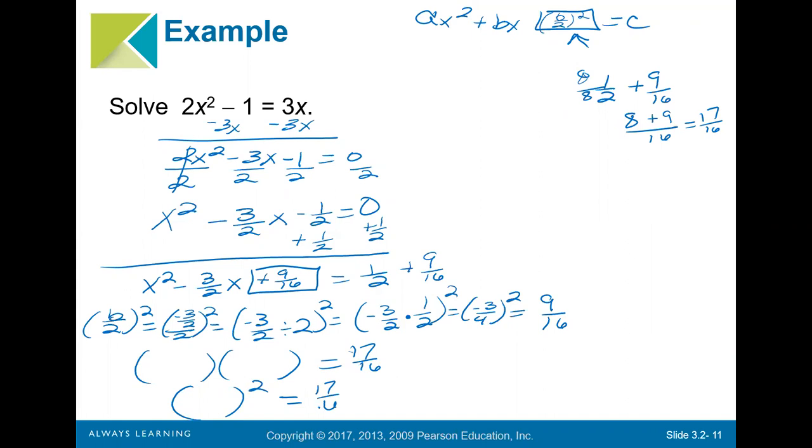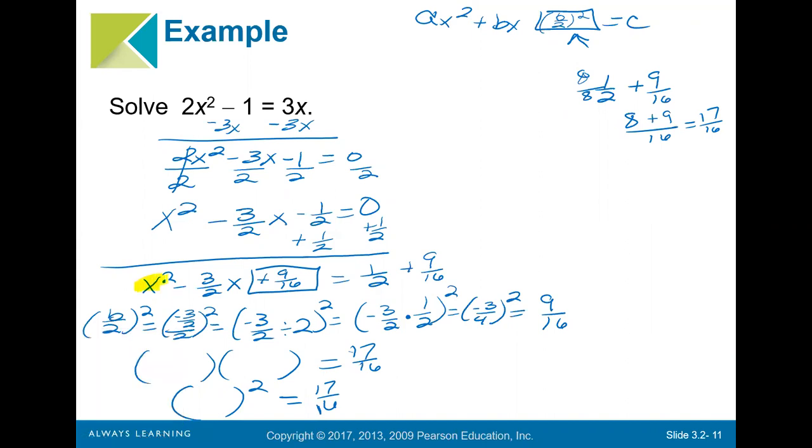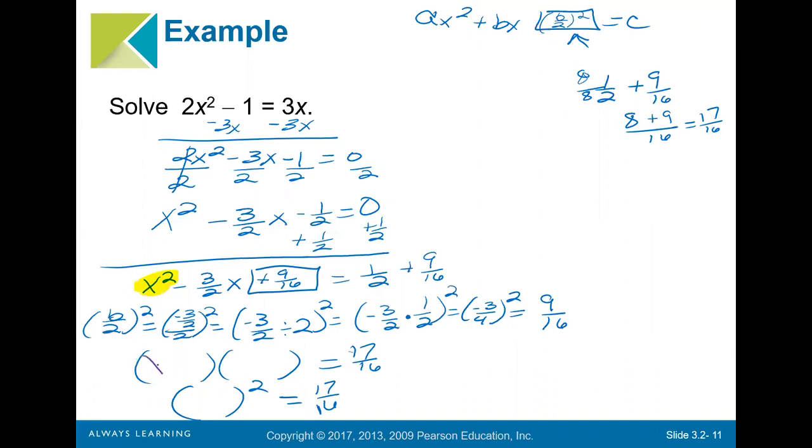All right, so now what do I want to do? I want to find out what goes here. And this is a really good point: my leading degree here is x squared, +1 x squared, then I know that each parenthesis is going to lead off with x.